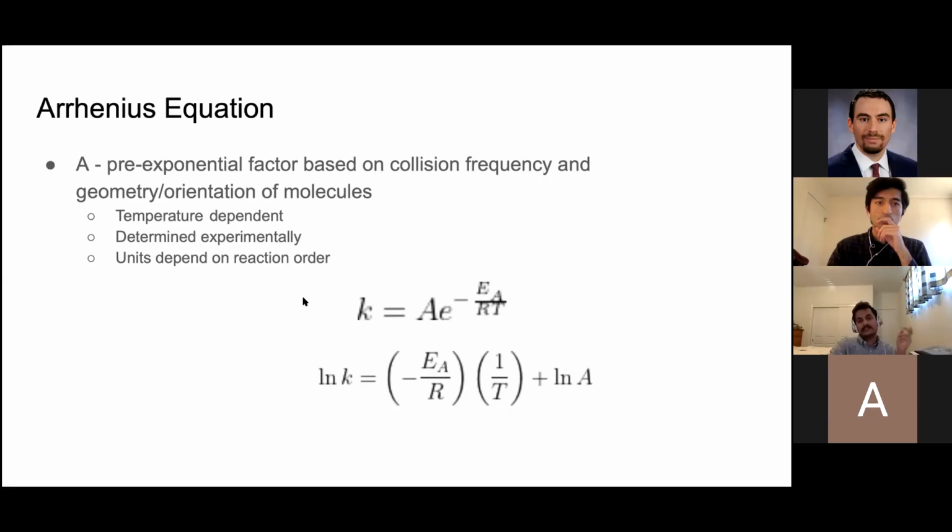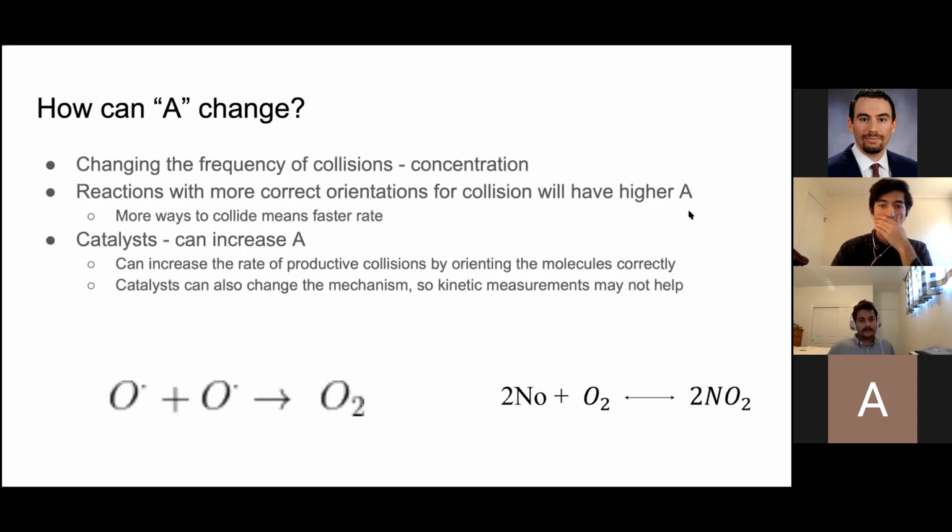Another thing is you want to keep track of your units, like with first, second, and third order reactions. Your units of k will change, and so will your units of the pre-exponential factor. So just know what order reaction you're dealing with, and that will determine what units you have. Before we do an example problem, we're going to talk about what can change our pre-exponential factor.